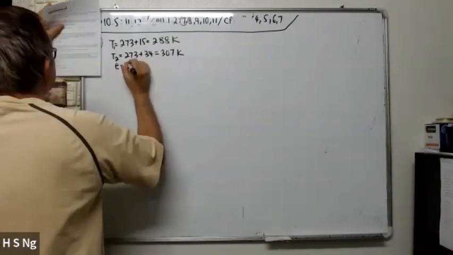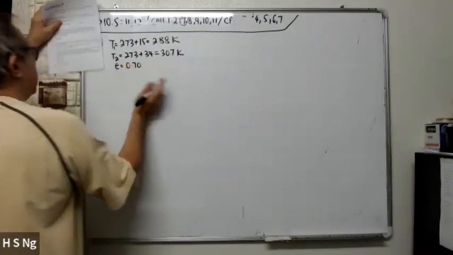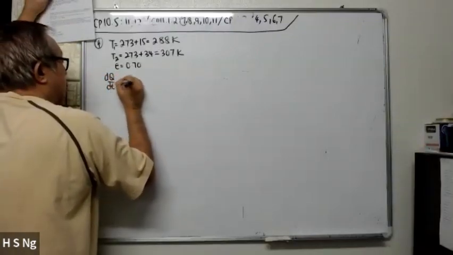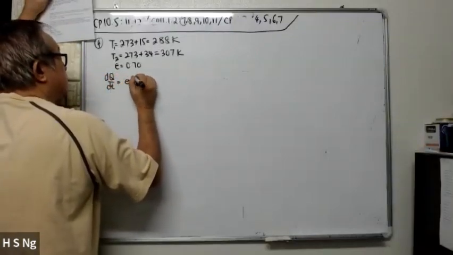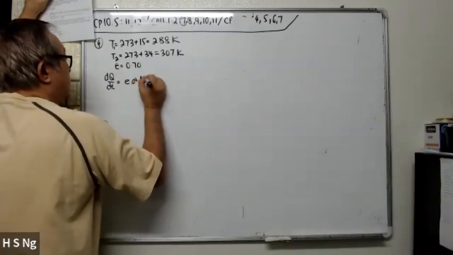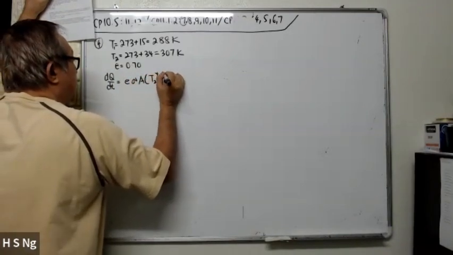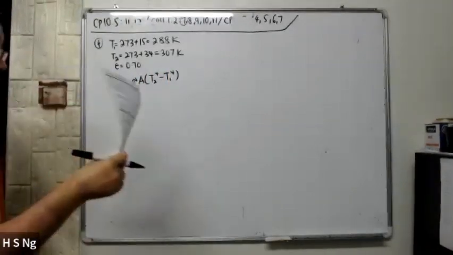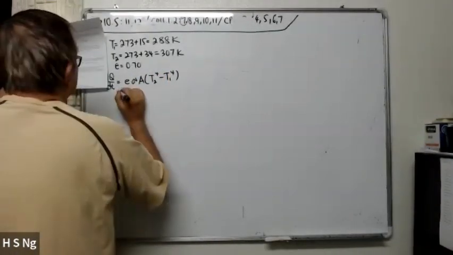E is 0.70. Just use the formula, that's all. So E sigma A (T2^4 minus T1^4). That's what you get.